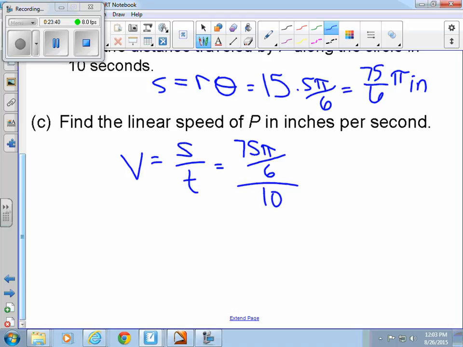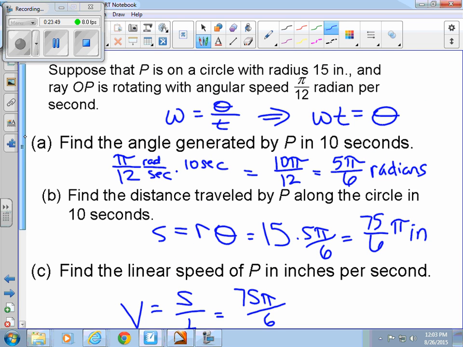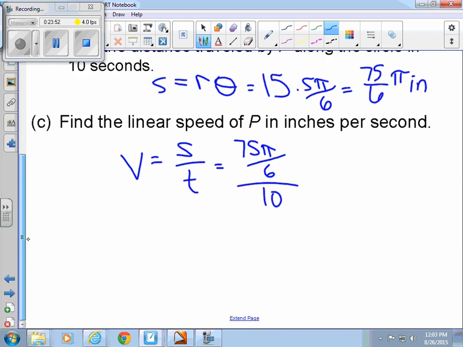Any questions so far? What are the units? And why is it 10? Good question. Why is it 10? If that's the angle we were using. So this would be 75 pi over 60, right? How do you divide two fractions?